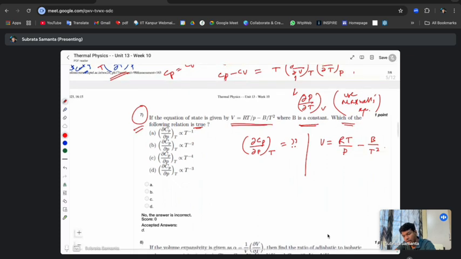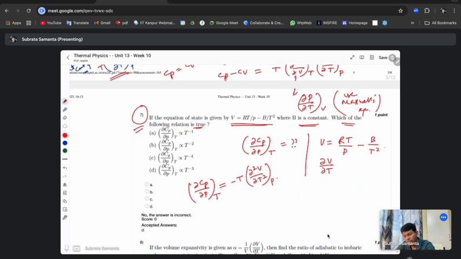So first we calculate ∂V/∂T, because we know there is one relation: ∂Cp/∂P at constant temperature equals minus T ∂²V/∂T² at constant pressure. I'm not deriving this now; if time permits, at the end I will derive this.